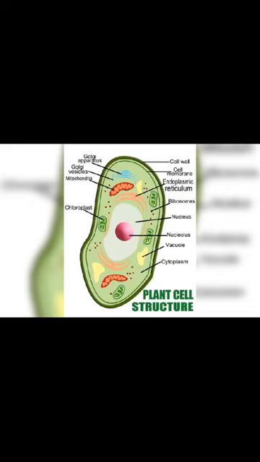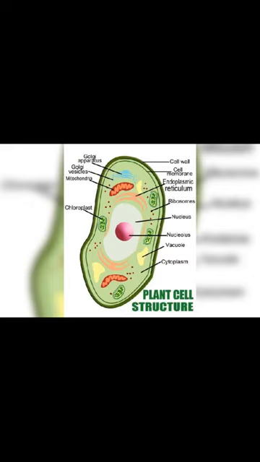Next, cell wall. Next one is cell wall, which is a unique feature we can see only in plant cells. Cell wall is another extra layer present around the plasma membrane.